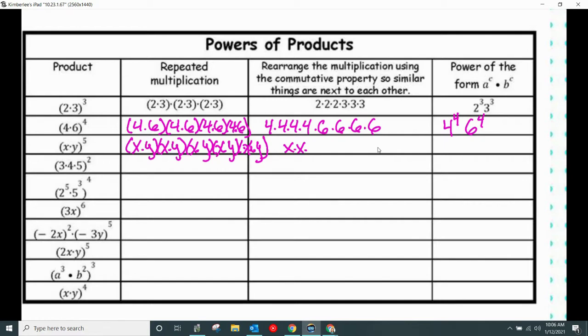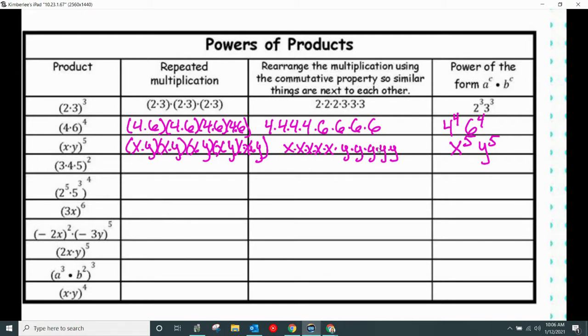Well, okay. What do we have here? I'm going to end up having an x as a base and a y as a base. And now I can figure out what the powers on x and y are. Well, that's really x multiplied times itself 5 times, and y multiplied times itself 5 times. So now I have simplified this. So hopefully you're beginning to see a little pattern here.